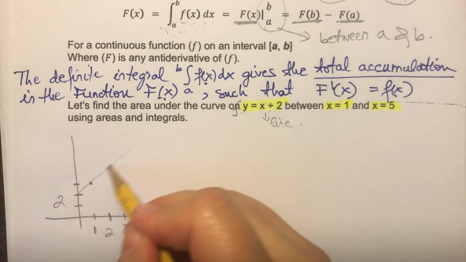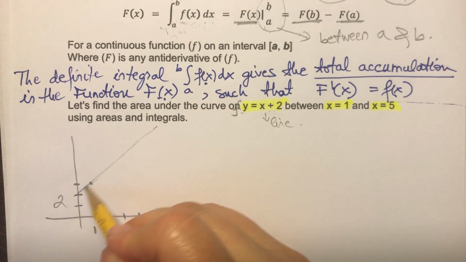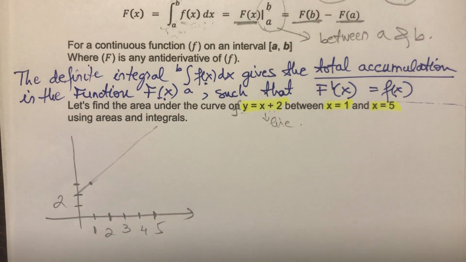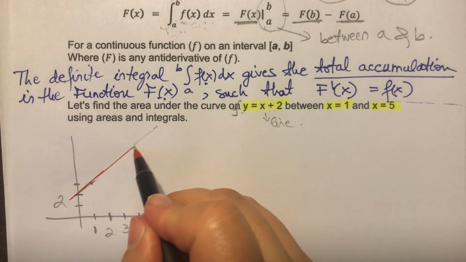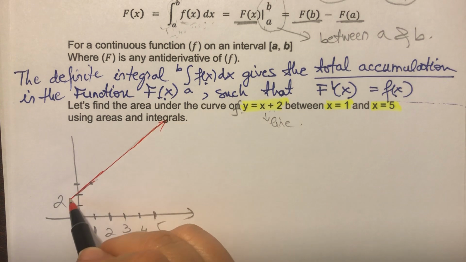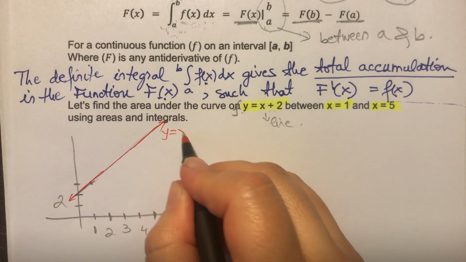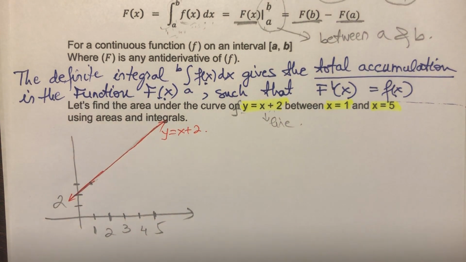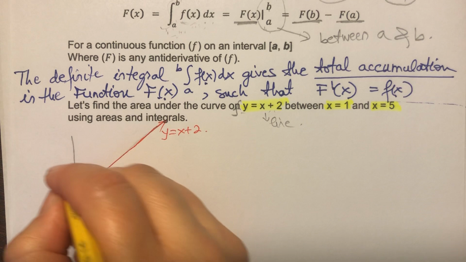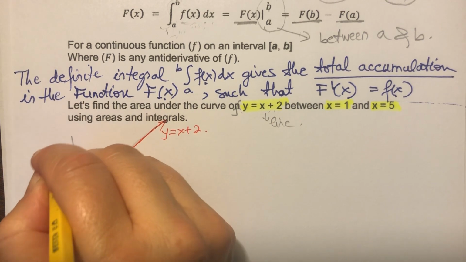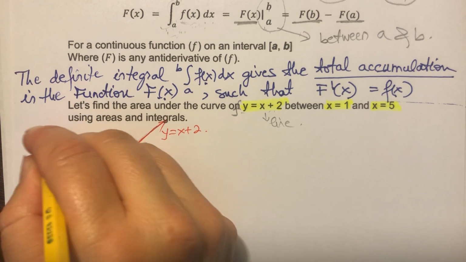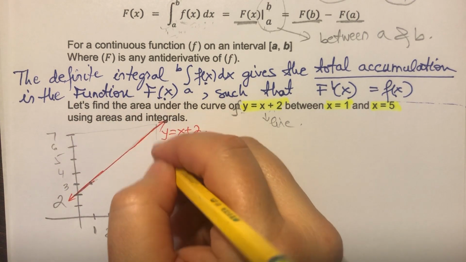And if it just keeps going at this rate, here's your y equals x plus 2. All right, so it goes up 1, 1. So I'm just going to do this: 1, 2, 3, 4, 5, 6, 7. That's what I'm trying to show you.